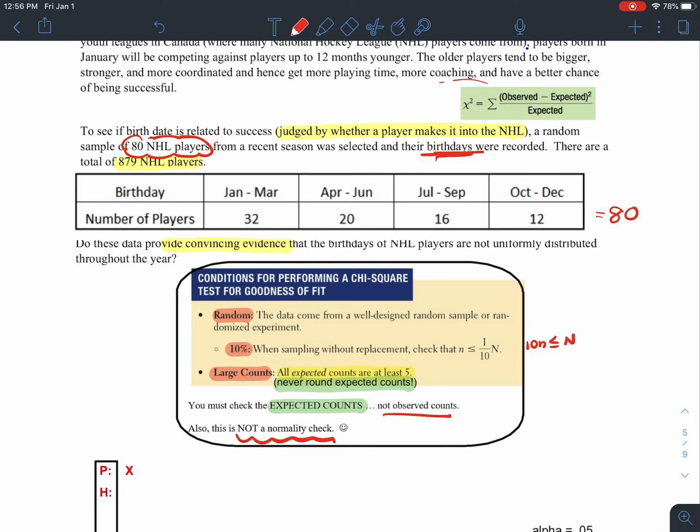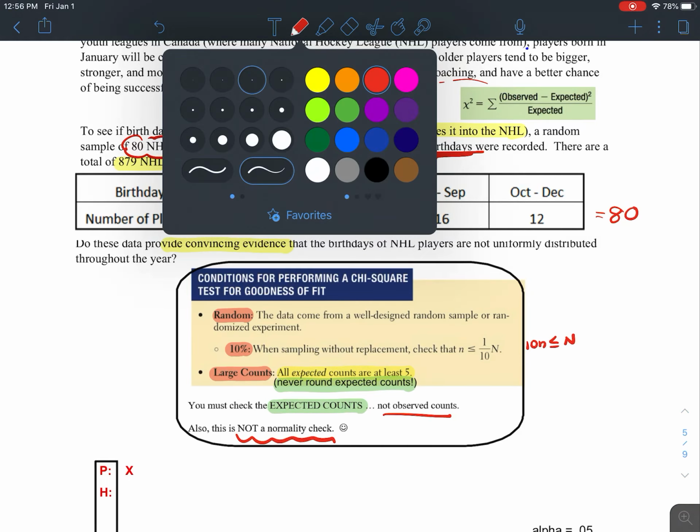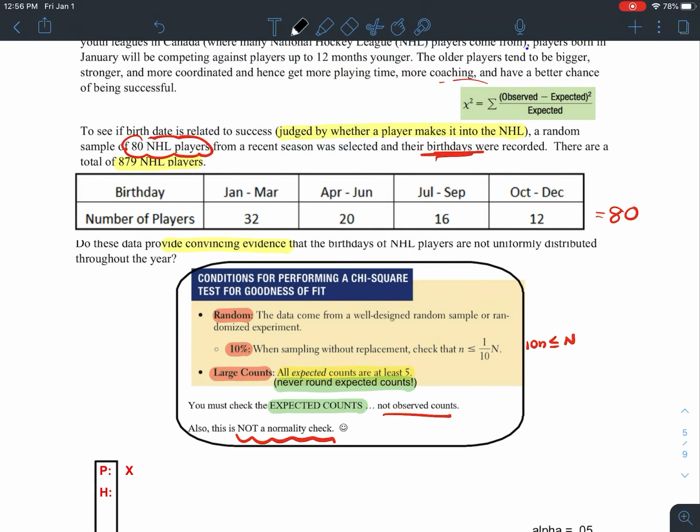Okay, and once again, this is not a check for normality. In fact, we said earlier that the chi-squared distribution is always skewed to the right. It is not normal. Okay, so one of the things you may want to do at the beginning before you even start running through the Phantoms acronym here is to go ahead and list what your observed counts are and what your expected counts are.